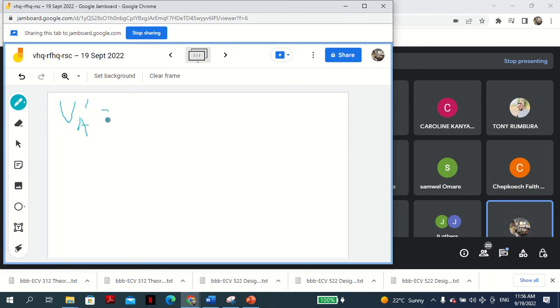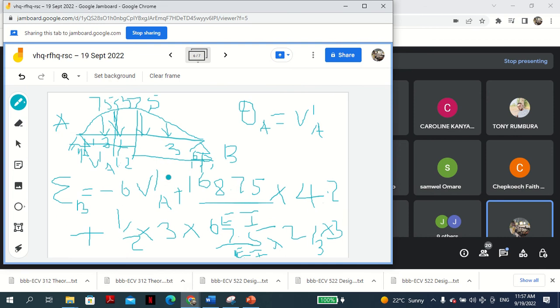As 151.875 over EI, of course. So if you know this, you can find the area of this plus the area of that should be the same as VA plus VB.